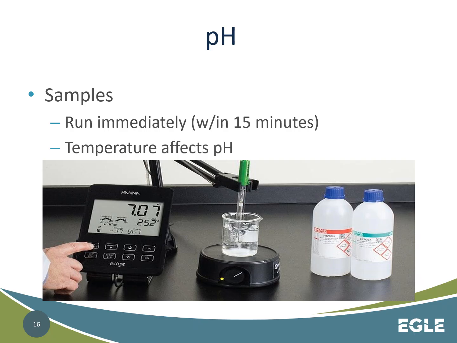So when taking a sample, after we've checked the calibration to make sure that it's within standard, you need to run the samples within 15 minutes of taking them, because the temperature of the sample can cause reading errors, as it can affect the pH of the sample itself. Another thing that's very common with getting errors in the reading is if you have your magnetic stir up too high, trying to make a unified solution.